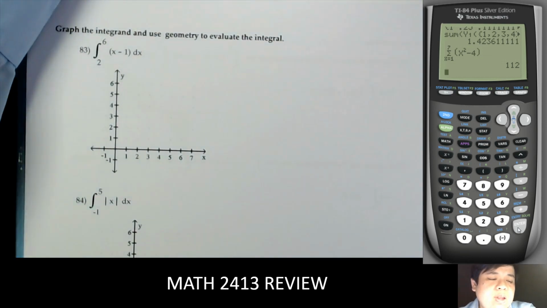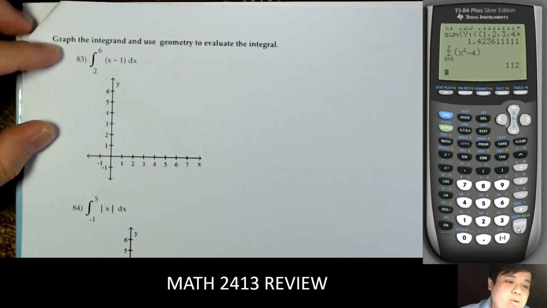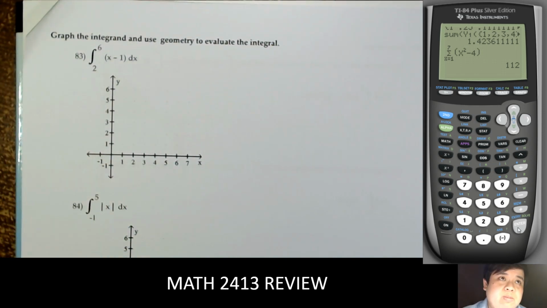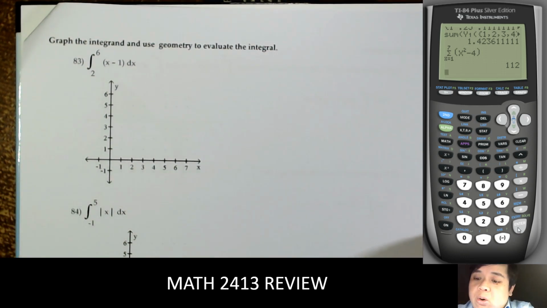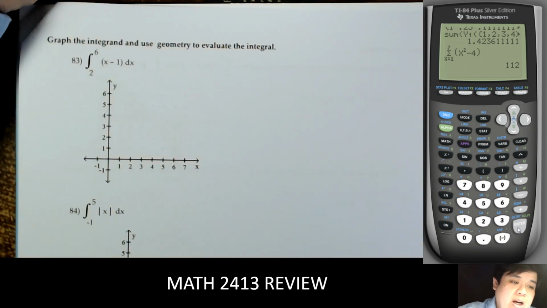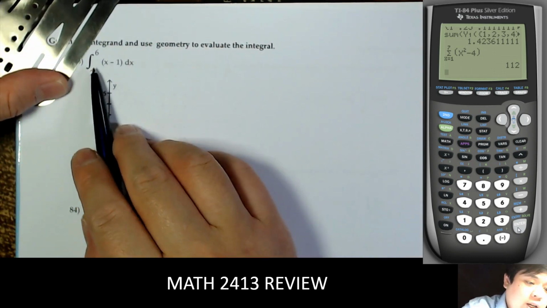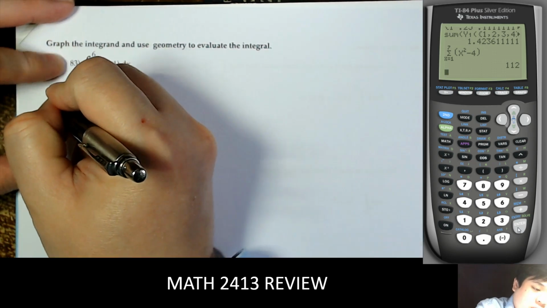Next, we use geometry to find the integral. Notice that this is the integral and not the area. Now, I'm going to draw this function y equal to x minus 1. So make a little table.